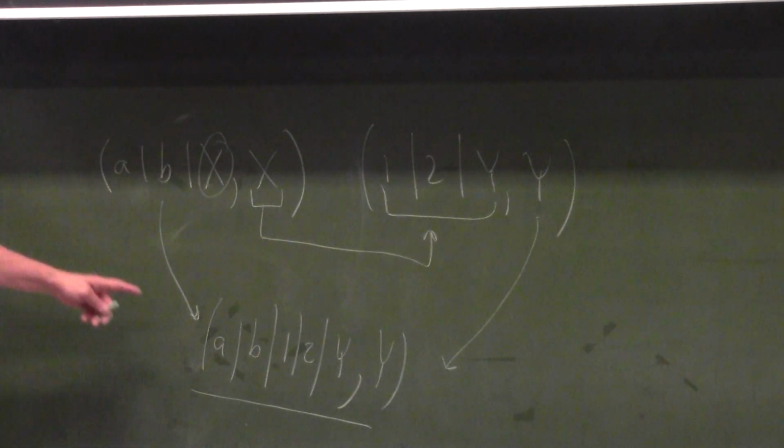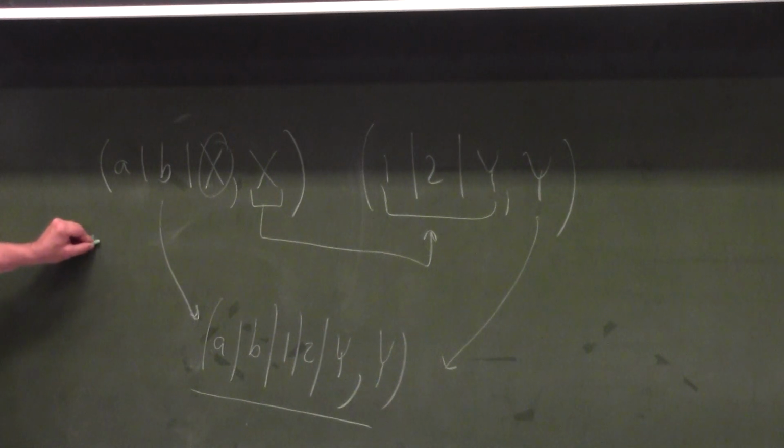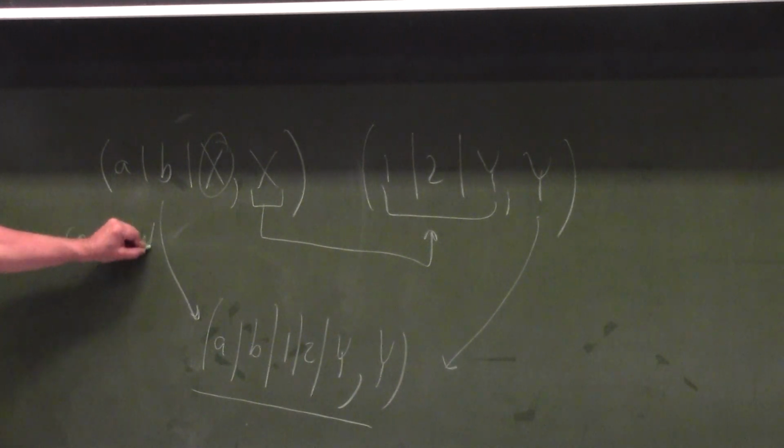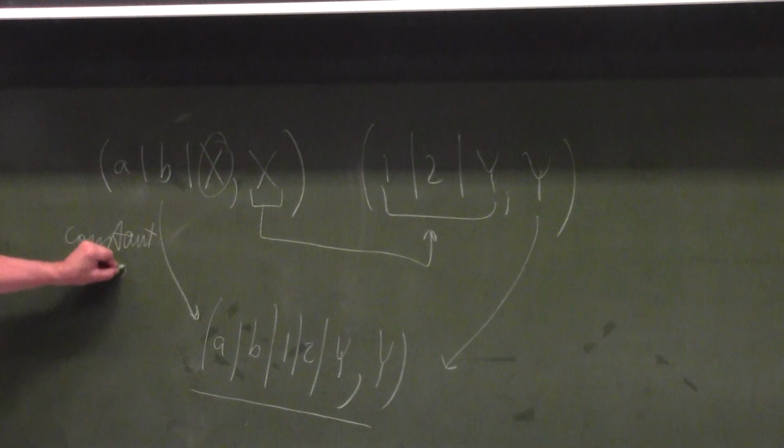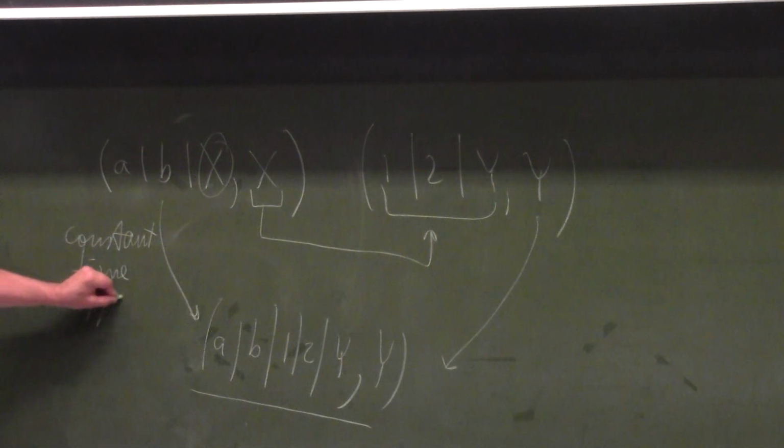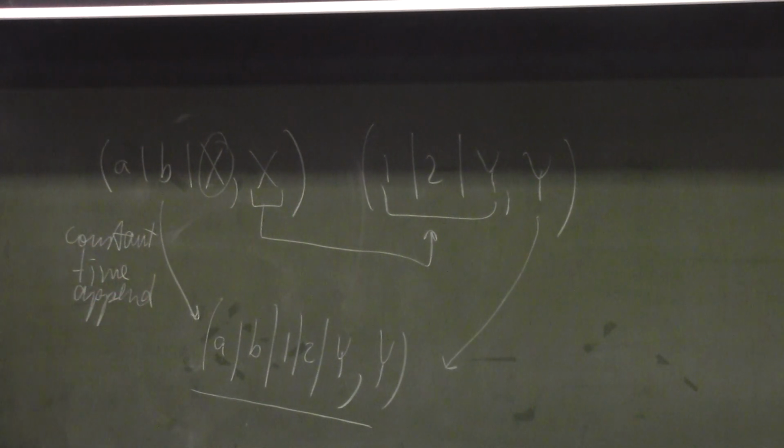So you see, I'm actually doing an append. And again, this is constant time. So a constant time append in a declarative language. This is a very nice representation, the difference list.